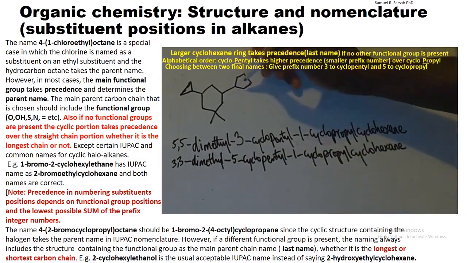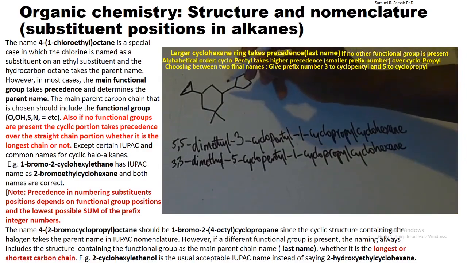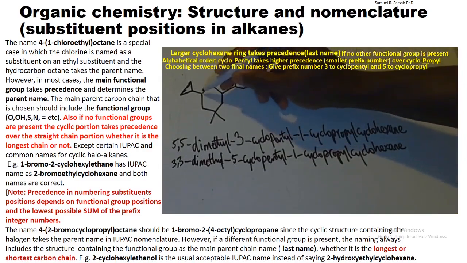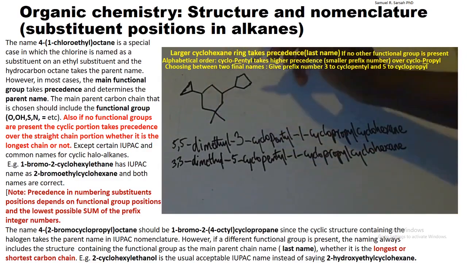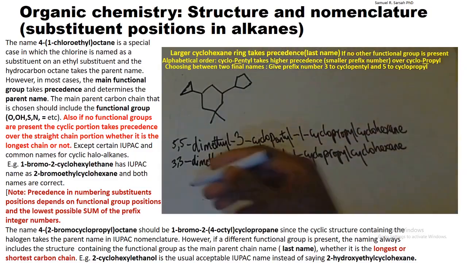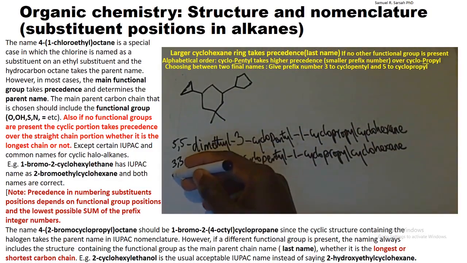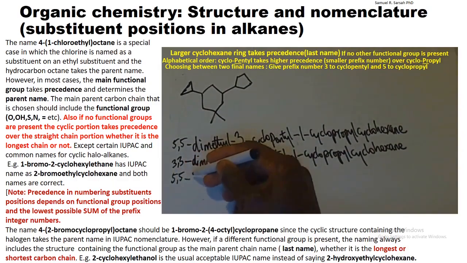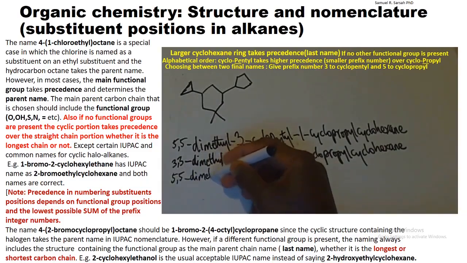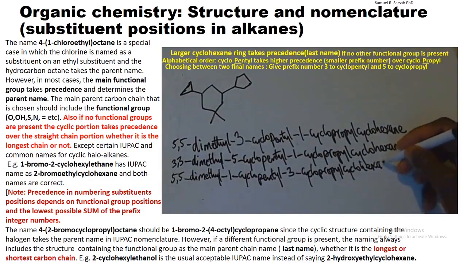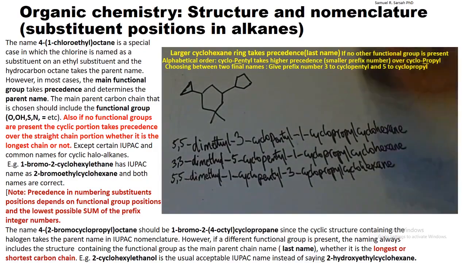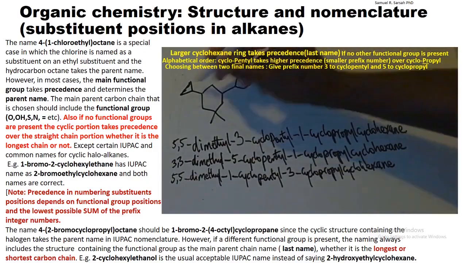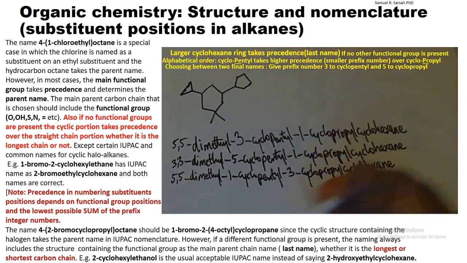So choose this. Then we can start from here. 1, 2, 3, 4, 5. So we're going to get... then we can also go from here to this route. So 1, 2, 3.